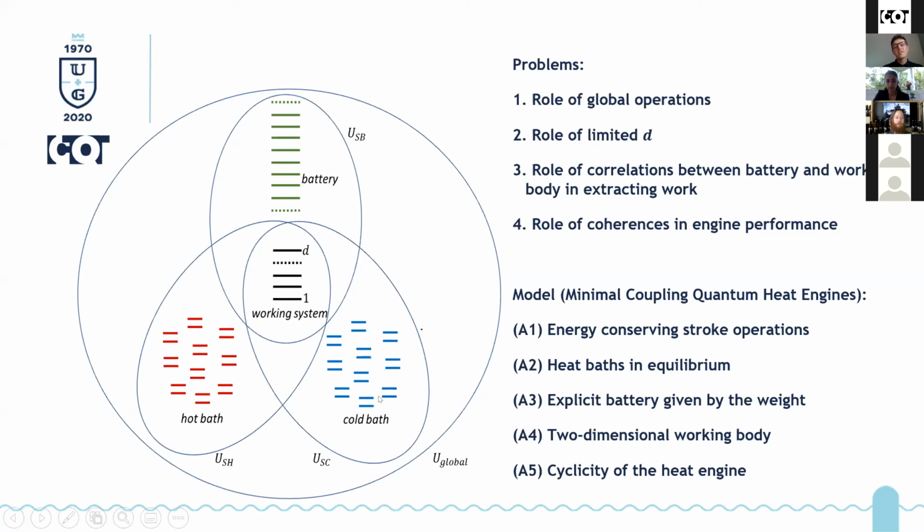We demand that the hot and cold baths are in equilibrium. We also select a specific model of the battery, I will elaborate in a second. And we restrict, for now, to the two-dimensional working body that would evolve in a cyclic fashion.